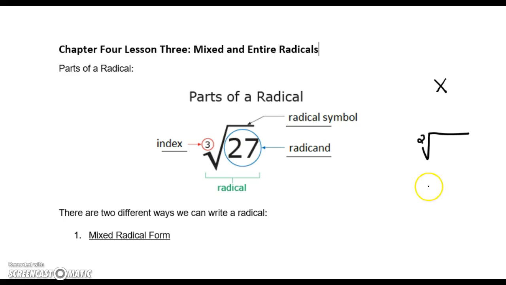So typically, we will see our radical for a square root as just the radical symbol. So the number that goes inside of our radical symbol is what we call the radicand. So that's the number that we're trying to break down in terms of either square rooting or cube rooting or whatever kind of index number that we're working with.